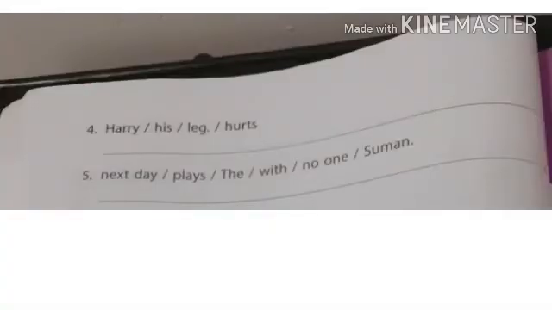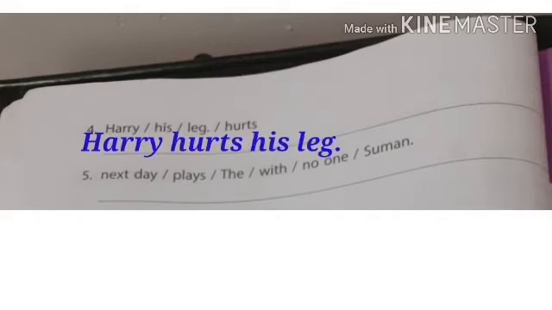The fourth one: Harry, his leg, hurts. So how to make it a sentence? First we can write, Harry hurts his leg. Then finally full stop.